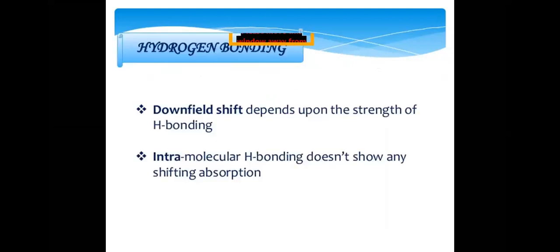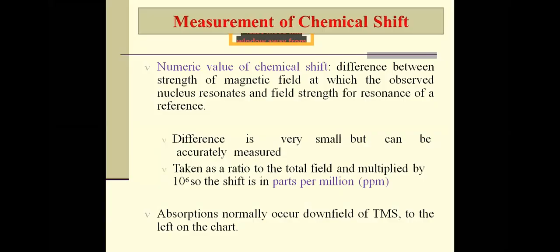Hydrogen bonding can also cause deshielding; intramolecular does not show it, but intermolecular does. Intermolecular means one molecule binds with another molecule by hydrogen bonding, and then it can have an effect. So that we had discussed previously about chemical shift. Now, the numeric value of the chemical shift is what we are discussing from today's class.